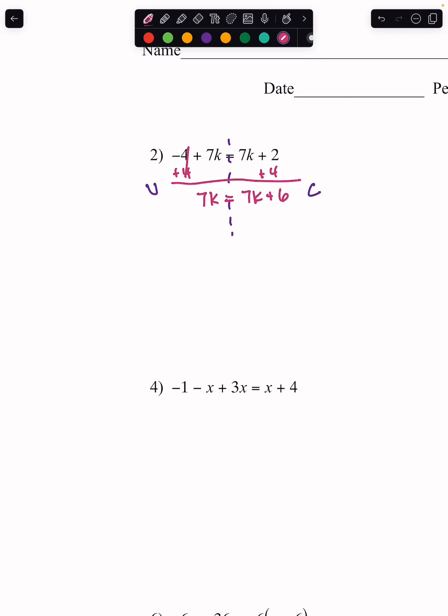Now I need my variables all on the other side, so I'm going to subtract 7k minus 7k. This is 0 equals a positive 6. When will 0 equal 6? It will never happen. If you end up with something like this, that means the answer is no.